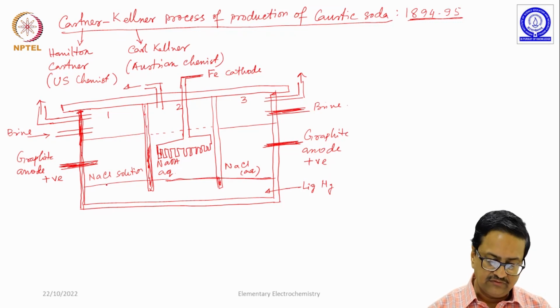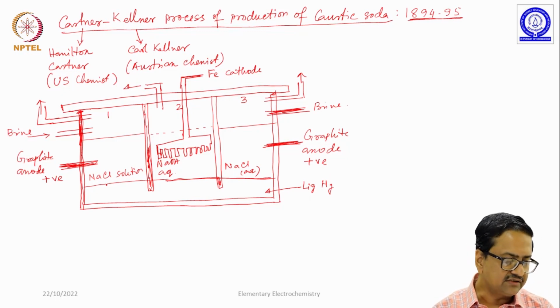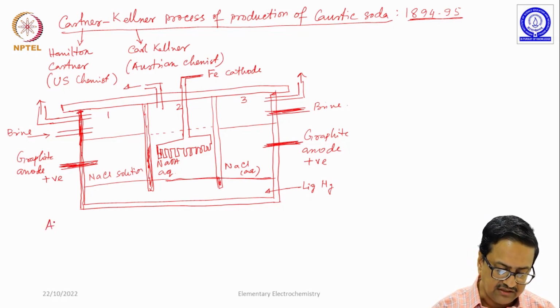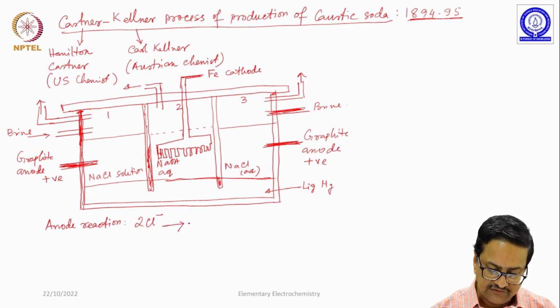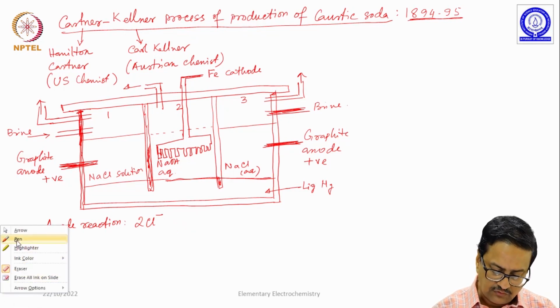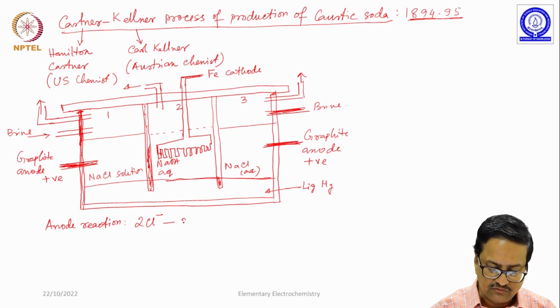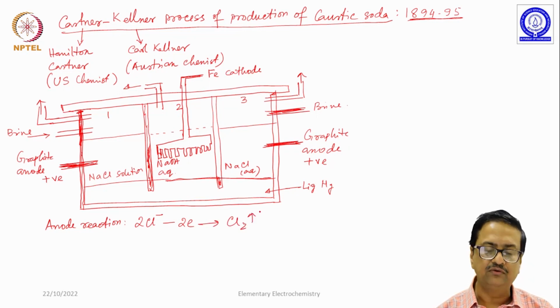When they were electrolyzing sodium chloride, the anode reaction will be the release of chlorine gas: Cl minus releasing 2 electrons will become chlorine gas and will go out.